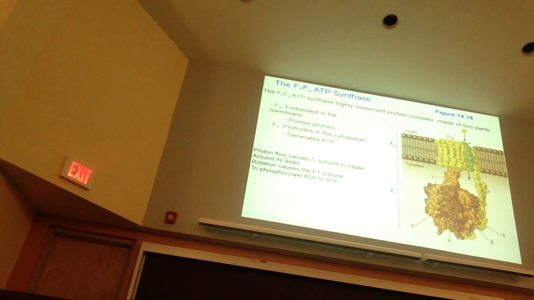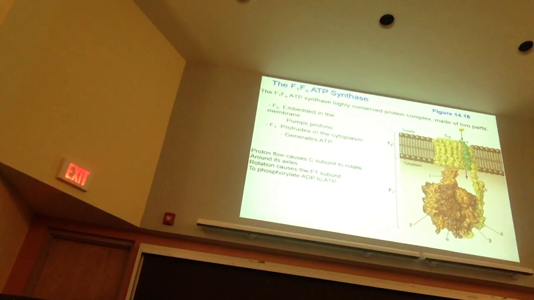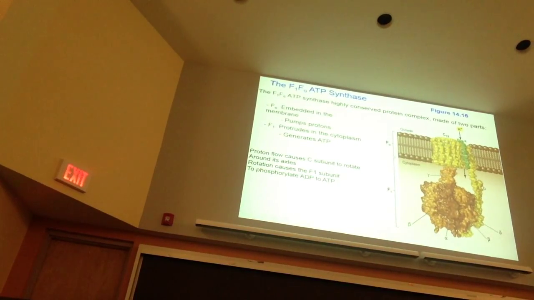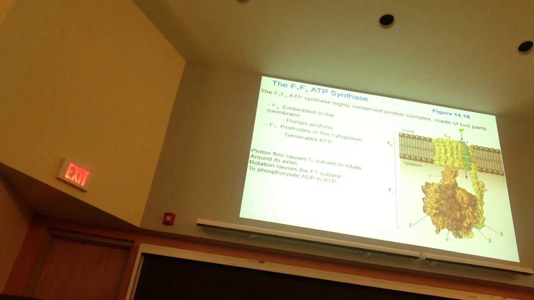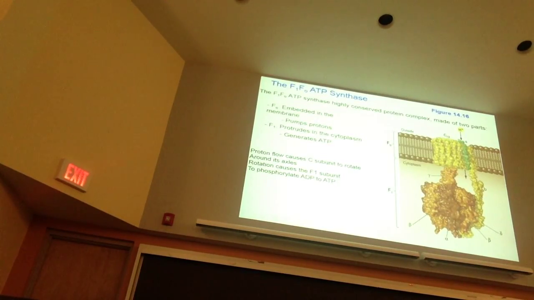And so proton flow causes the C subunit. And so in the F0 subunit are these series, and there's quite a few of these. There's 12. How about I say 12 subunits of C. And the proton flow right through this port causes these subunits to rotate. And there's an axle.